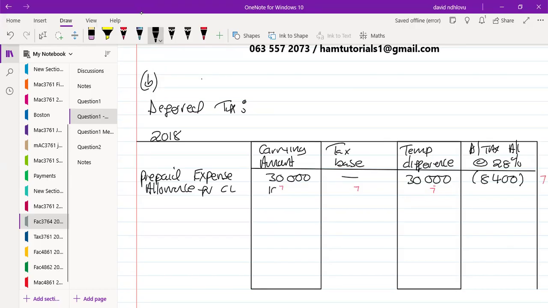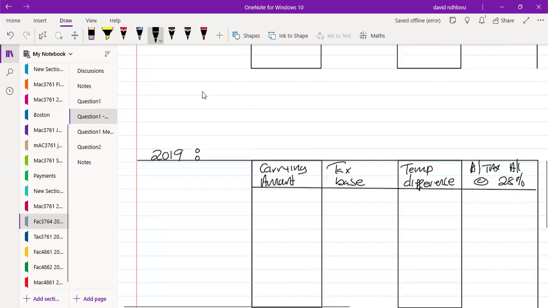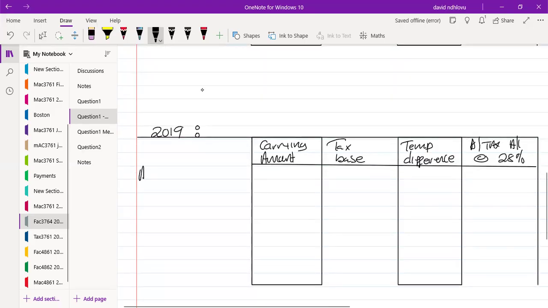In the prior year, which is 2018, 100,000. This is a liability, so it goes in brackets. In the current year, we then have allowance for credit losses. The amount is 150. Liabilities in our calculation go in brackets.